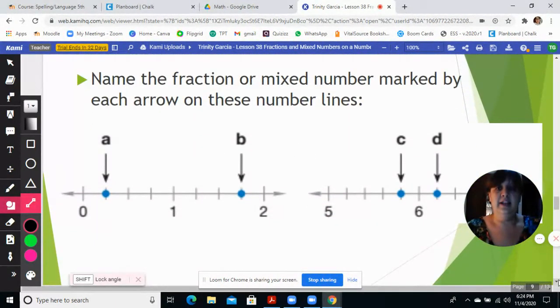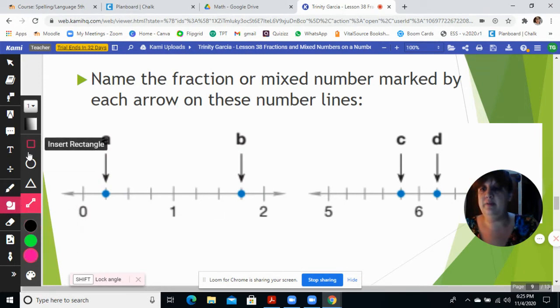So here we go. Name the fraction or mixed number marked by each arrow on these number lines. Okay, so if we look at the first one, point A is between 0, our whole number, and 1.